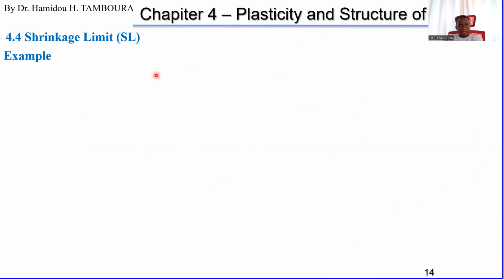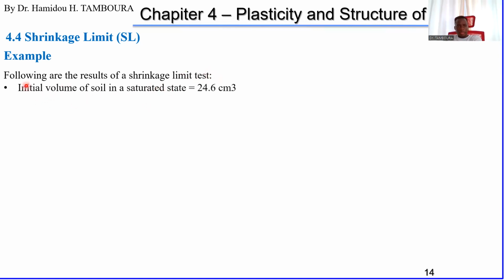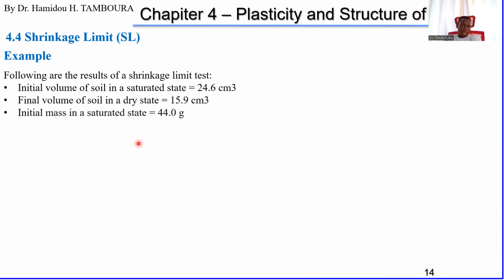Maybe we can try just one example to help you understand this deeply. The following are the results of a shrinkage limit test. Initial volume when the soil is saturated, 24.6 cubic centimeters. Final volume, 15.9 cubic centimeters.